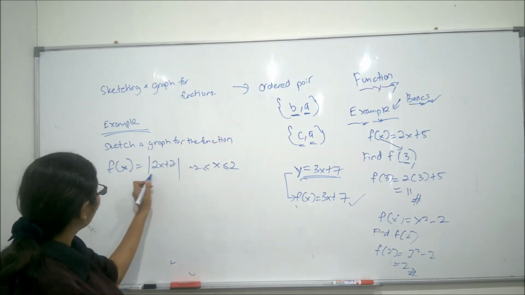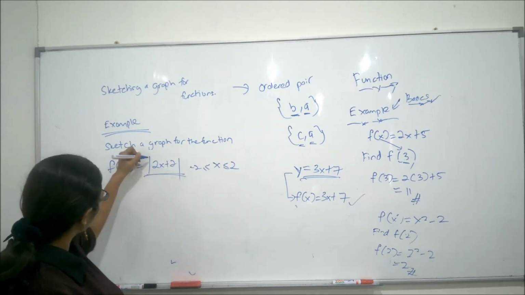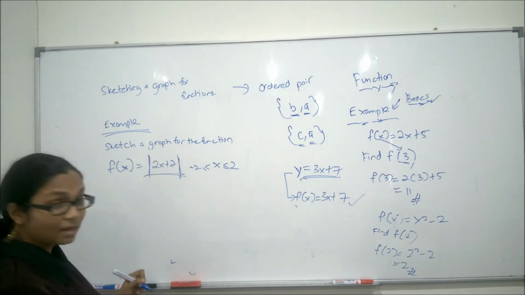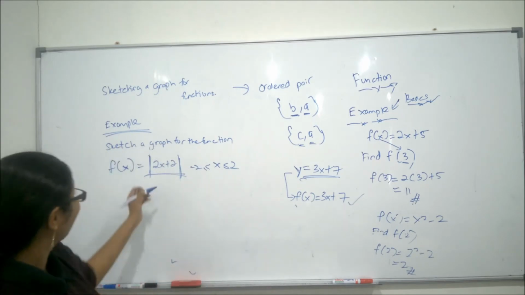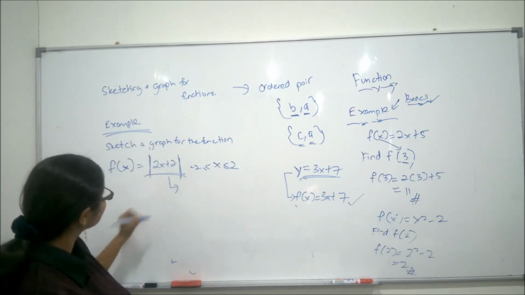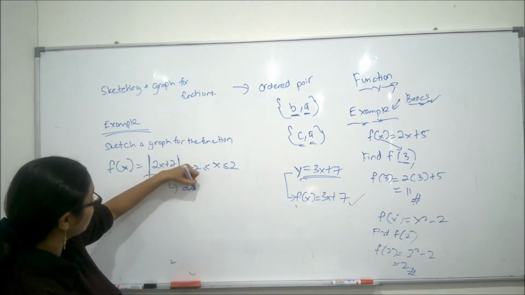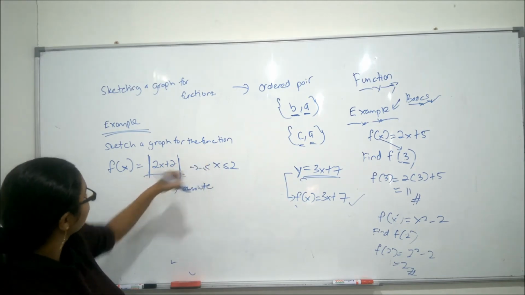What does this mean? What can you see, these two straight lines here? These two straight lines here represent an absolute value. We call this an absolute mode.